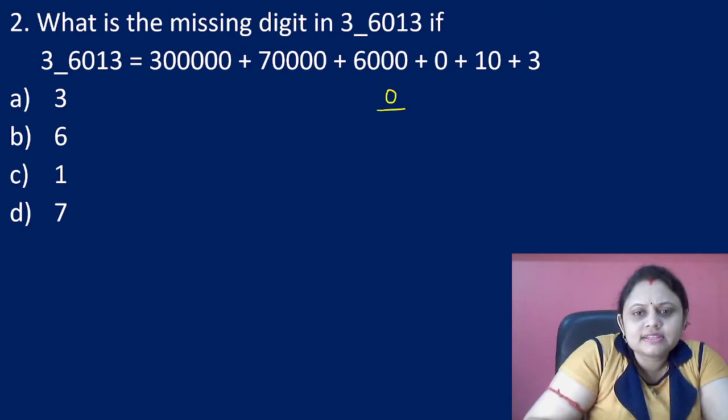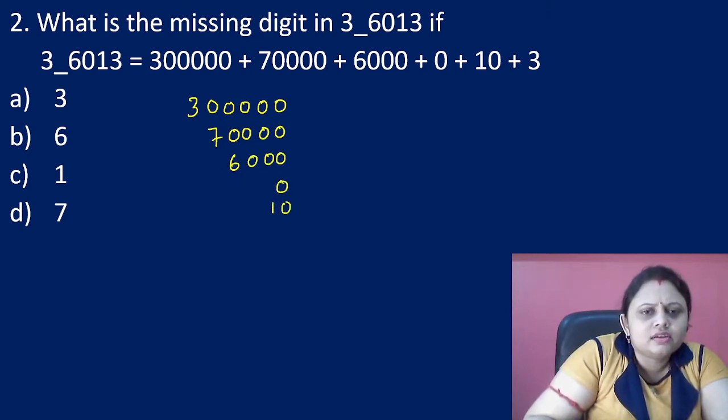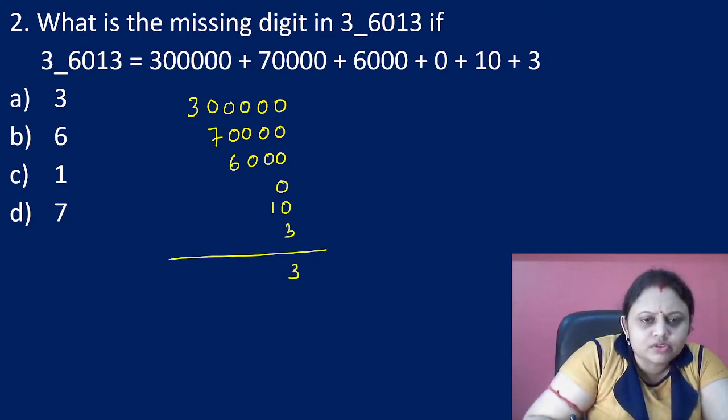In ones place it is 3, in tens place 1, in hundreds place 0, in thousands place 6, in ten thousands place 7. We need to add these things.